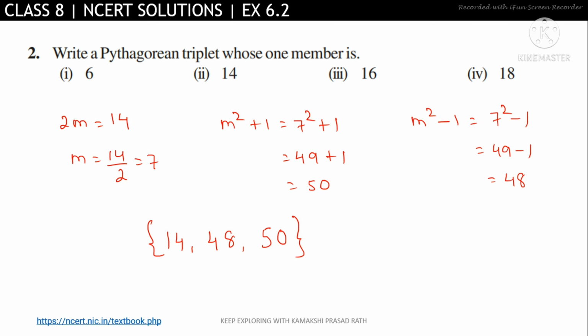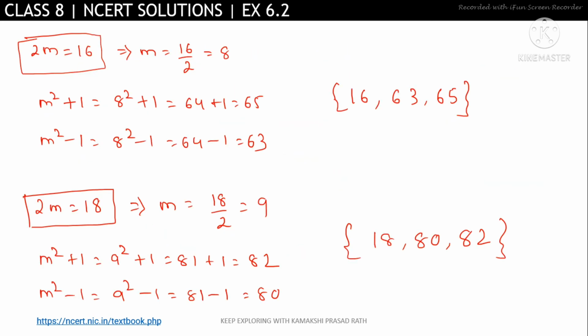Similarly, for 14, we have taken 2m as 14 because 14 is an even number. Then we find m as 7. Then m squared plus 1 is 50 and m squared minus 1 we got 48. Hence 14, 48 and 50 form a Pythagorean triplet. In the same way, when you take 16, 2m will be 16, and m we will get as 8.